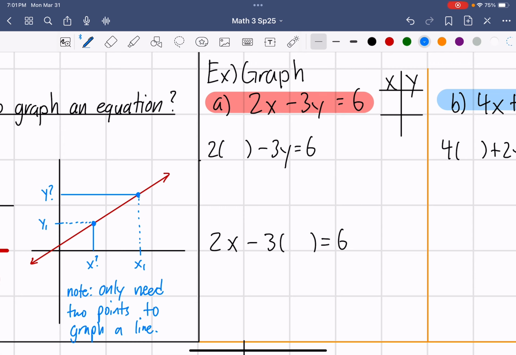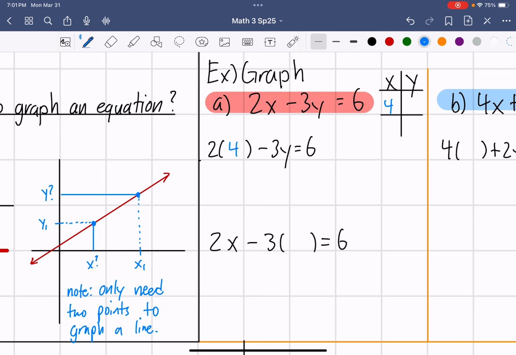It doesn't have to be anything specific. Let's say, for instance, I choose the number 4. So I'm going to plug 4 into the equation, right? Because I'm choosing for x.